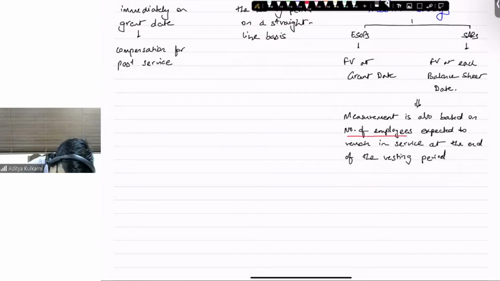Important is the number of employees expected to remain in service. Okay, so that is important.